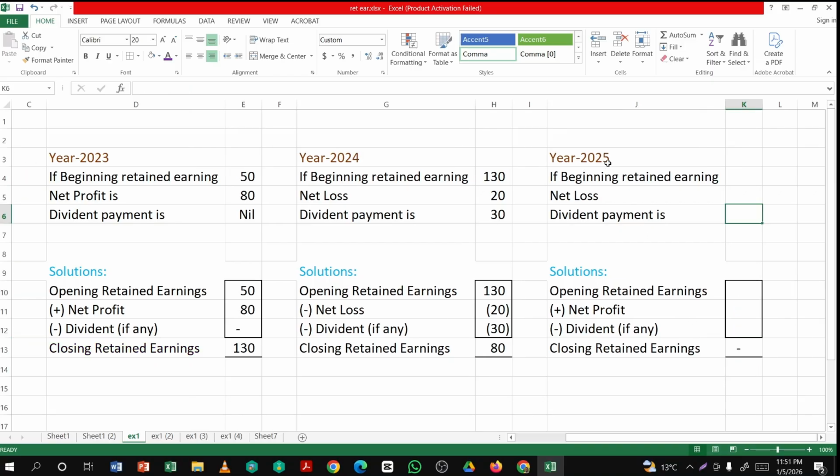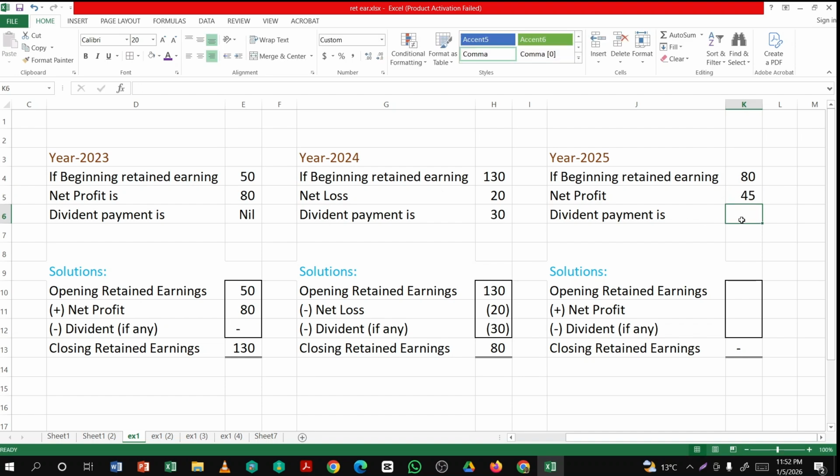Year 2025, the 2024 closing retained earnings of 80 is the opening retained earnings of 2025. Net profit is 45.